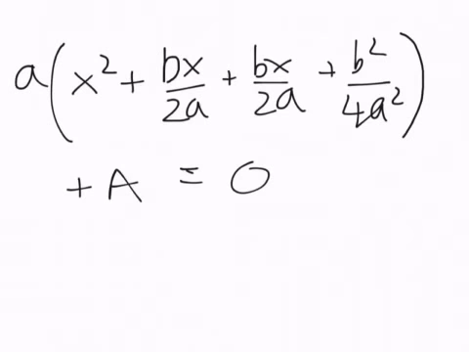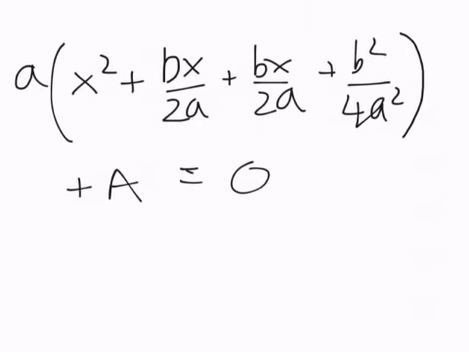Now I'm just going to multiply the a that's outside the bracket and bring it into the brackets. That gives me ax squared plus, before I multiply by a, I'm going to bring these two together to get bx over a, and then when I times by a, I just get bx.